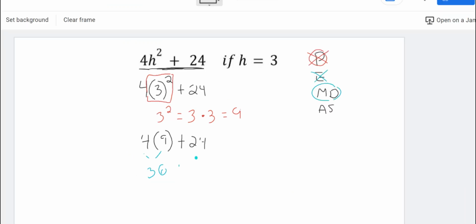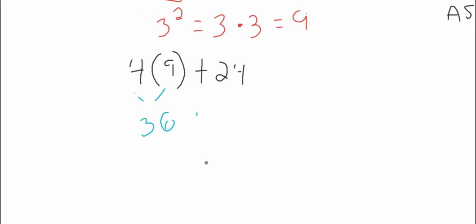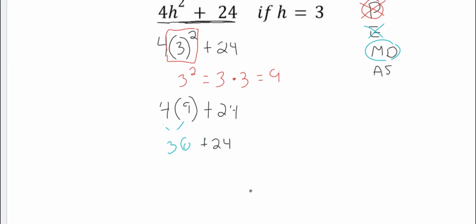Again, we want to bring down anything we did not use. So in this case, the plus 24. And there's no more multiplication or division. So the last step is to add or subtract. And in this case, this is the only thing left.